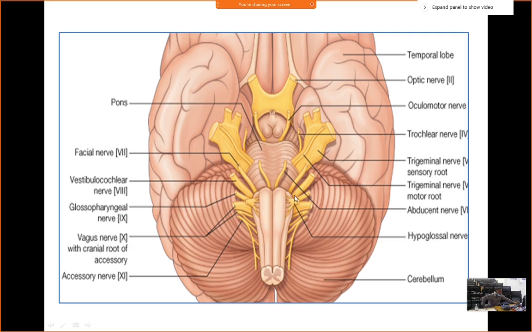Dorsal to the olive, there is another elevation called the inferior cerebellar peduncle, and in between the inferior cerebellar peduncle and the olive, there is another depression called the posterolateral sulcus. This posterolateral sulcus gives attachment to the 9th, glossopharyngeal, the 10th, vagus nerve, and the accessory nerve. This is the cranial part of the accessory nerve. So these are the rootlets that attach here.